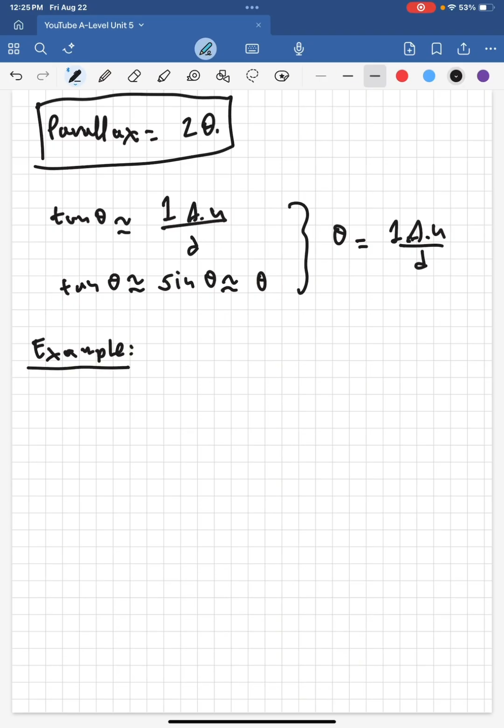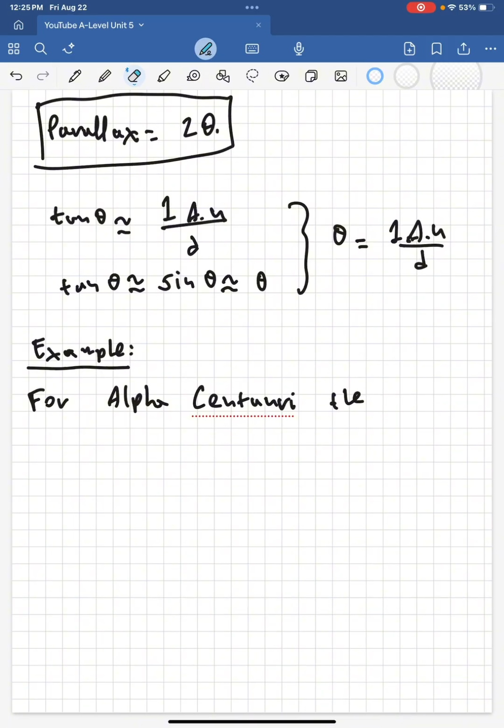My favorite star, I guess, because I keep mentioning it, Alpha Centauri. The parallax is 1.52 seconds.